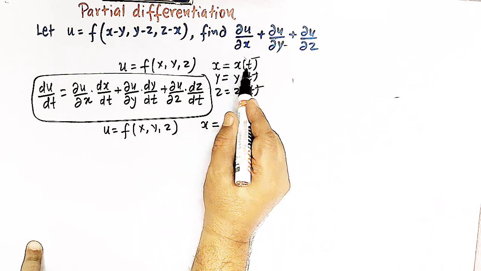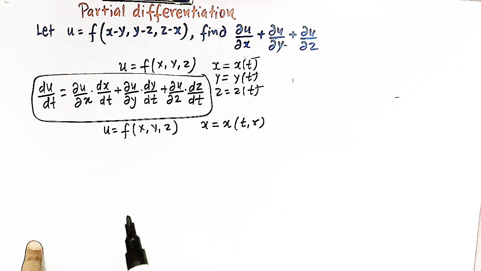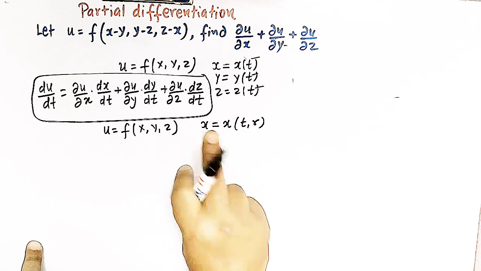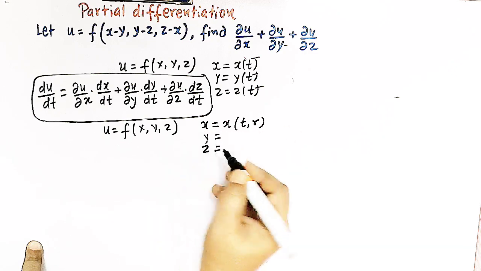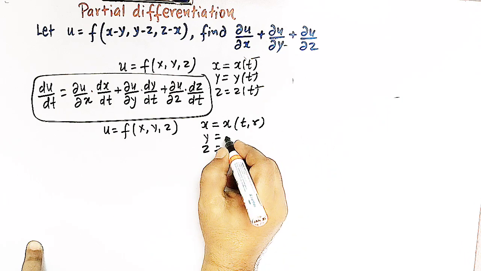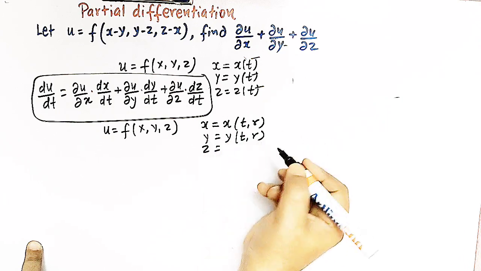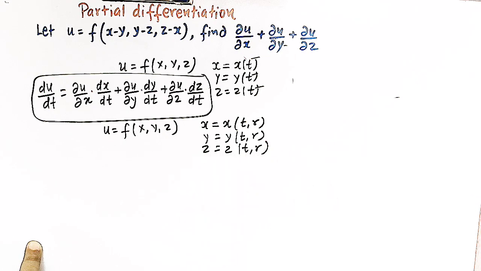So in this case we have considered that x, y, z are functions of single variable t, but now we are considering x, y, and z as a function of two variables, right? So here we have y is a function of t and r, and z is also a function of t and r, right?